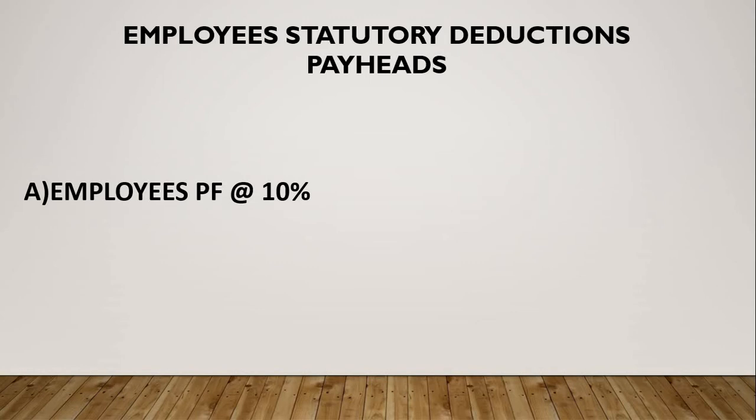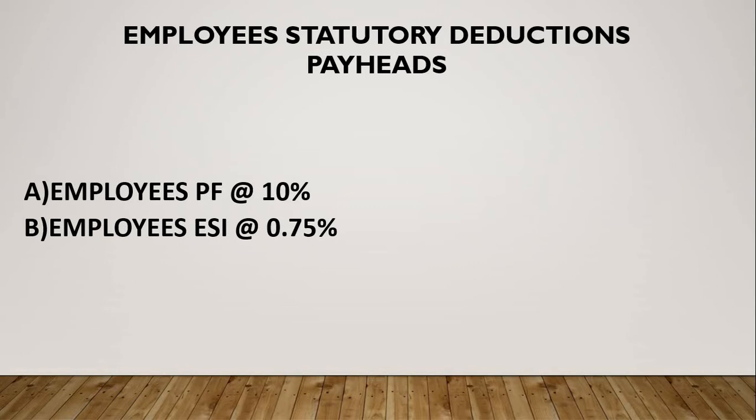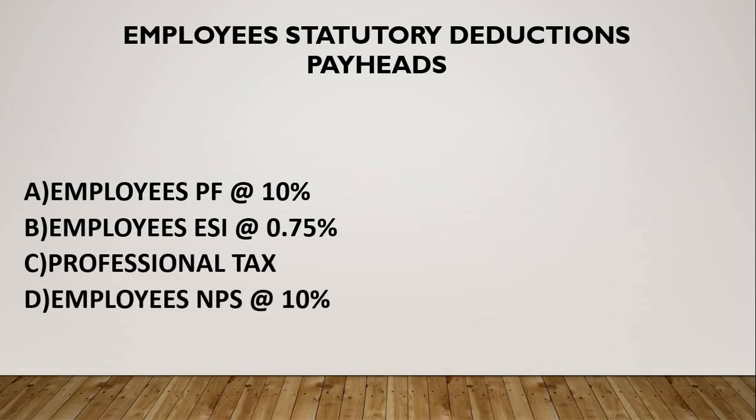At present, employees PF is at the rate of 10%. Employees ESI at 0.75%. Earlier it was 1.75%. Professional tax: up to 15,000 nil, above 15,200 rupees.